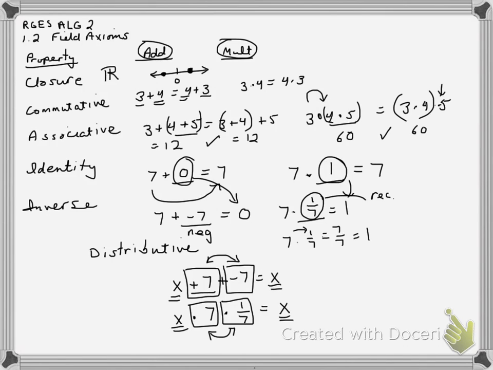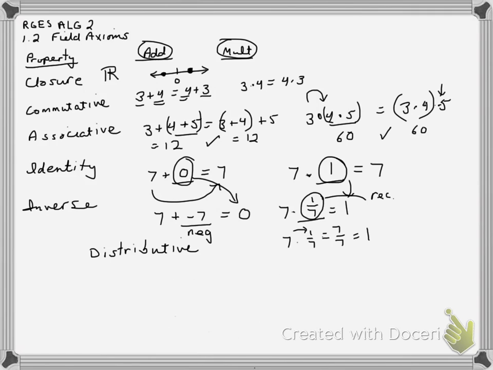Now let's talk about one more idea, the distributive property. I've put it further down because it's not associated with either multiplication or addition. Instead, it's associated with both those operations together.